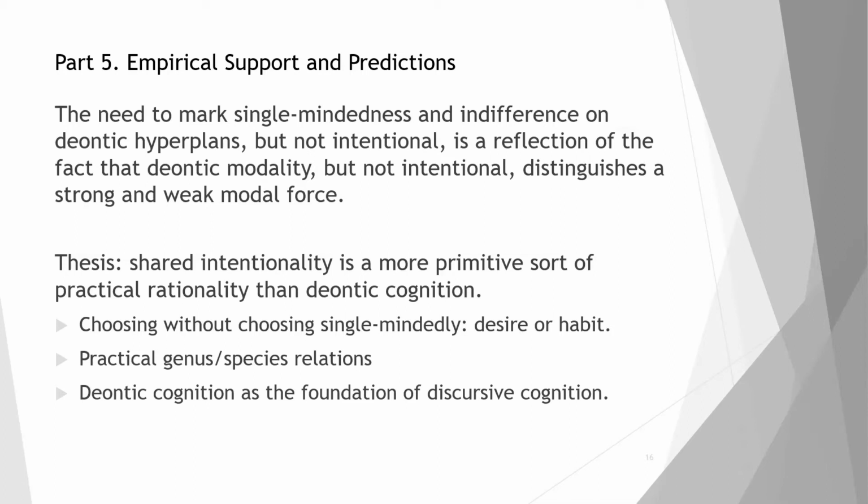So if we take this Kantian idea, one that makes its way through pragmatism into the work of Sellars, then we can think of deontic cognition as a mechanism for that kind of Kantian self-government, because it's single-mindedness that allows us to exercise that course of action where we don't allow ourselves to do something we've committed ourselves to rejecting.